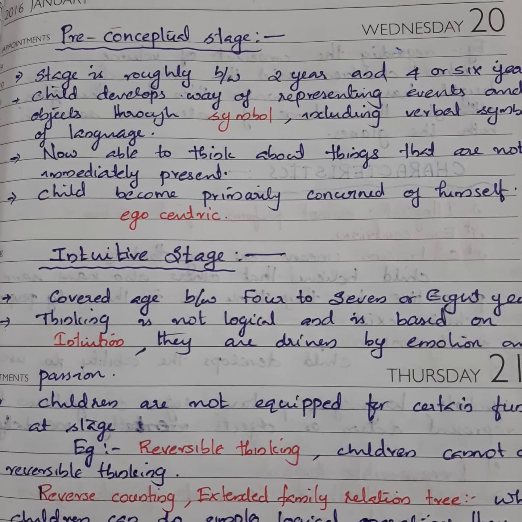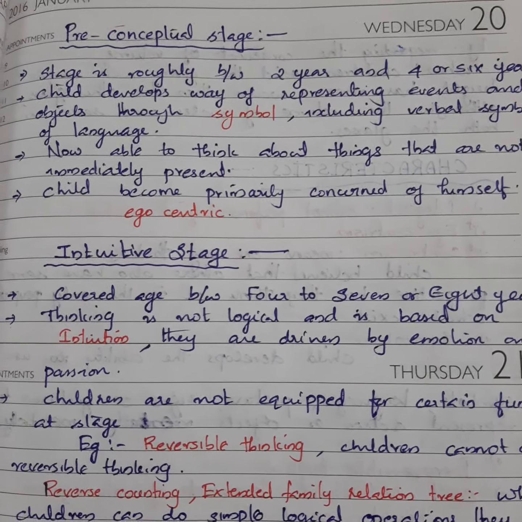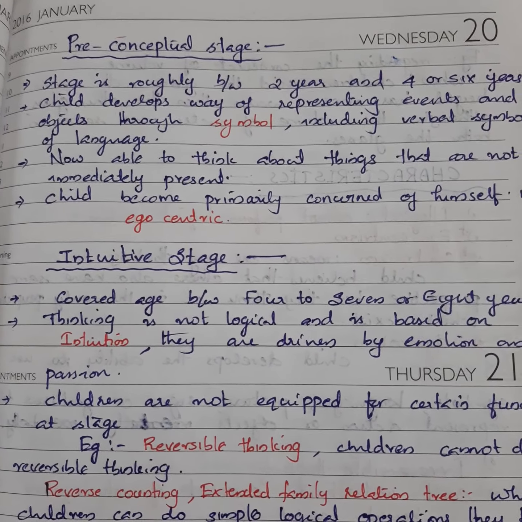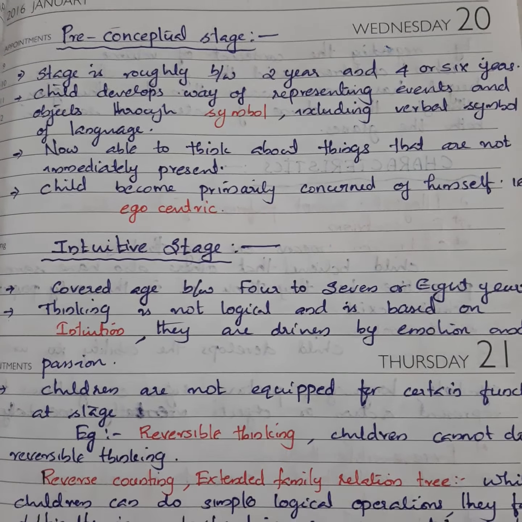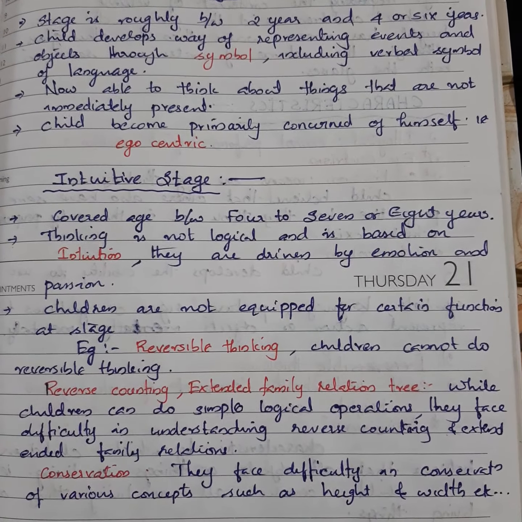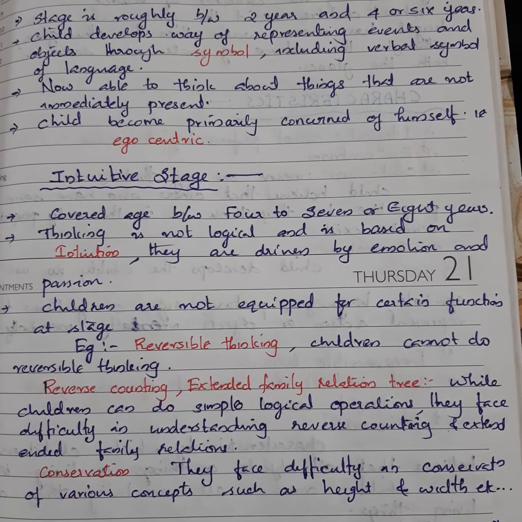Now let's move on to another sub part of the pre-operational stage, that is the intuitive stage. This stage covers the age between 4 to 7 or 8 years.